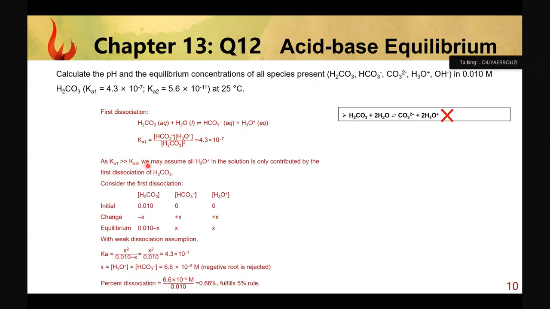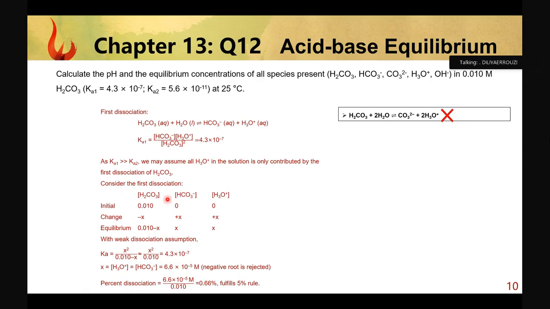Because K1 is much larger than K2, we can assume all the protonated water in solution is contributed only by the first dissociation. We don't need to consider that the second dissociation will contribute to the CO3. So the change is x.